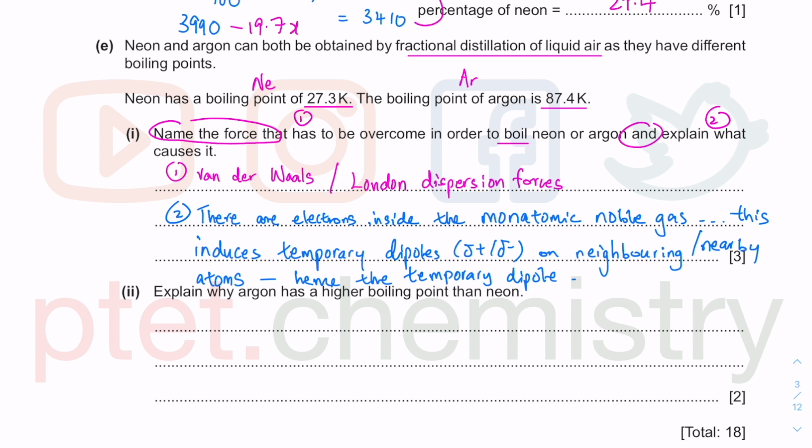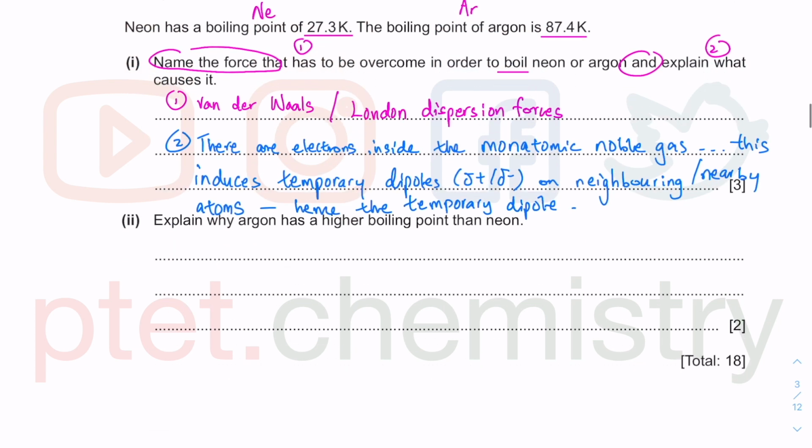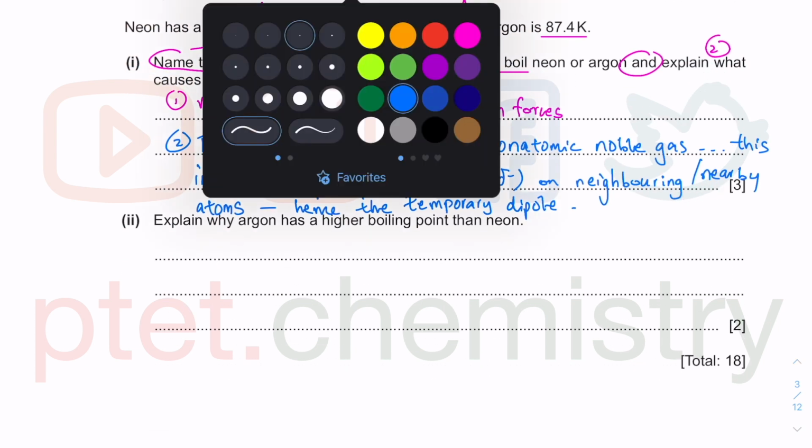In these cases, they are not static. The electrons are always moving, and as they move around, they can create or induce temporary dipoles on the neighboring or nearby atoms.